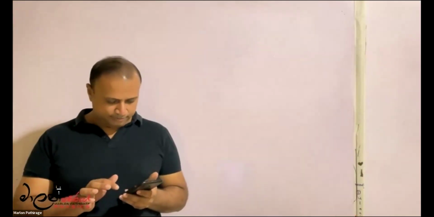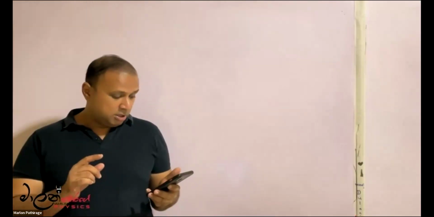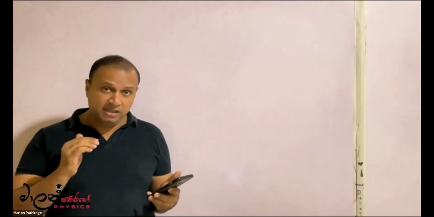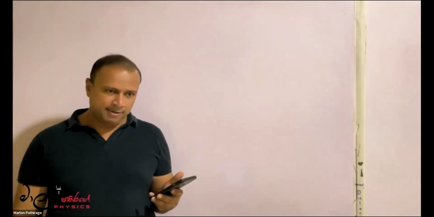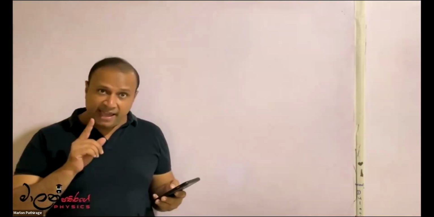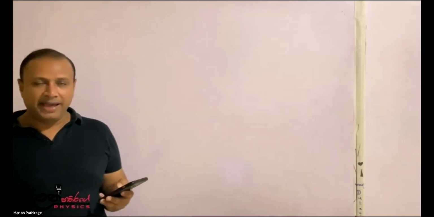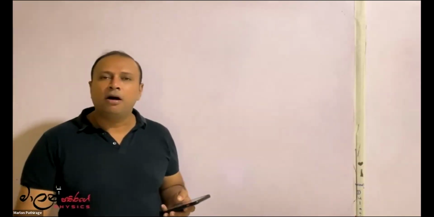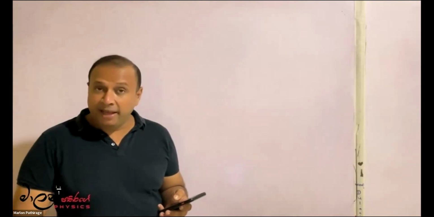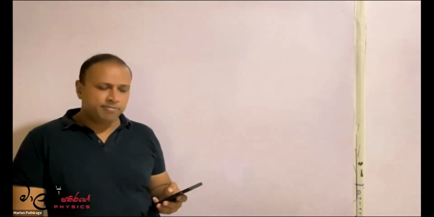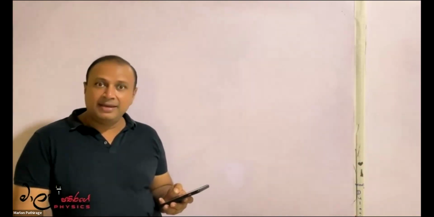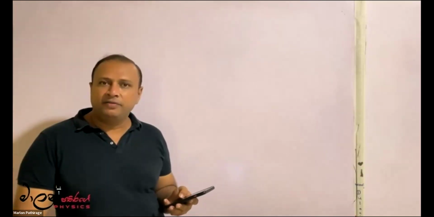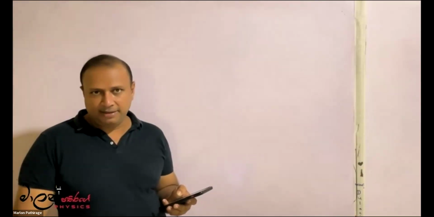Look at this one. The overlapping point of the vernier scale and the main scale is the eighth mark of the vernier scale. The eighth mark of the vernier scale coincides with the main scale.